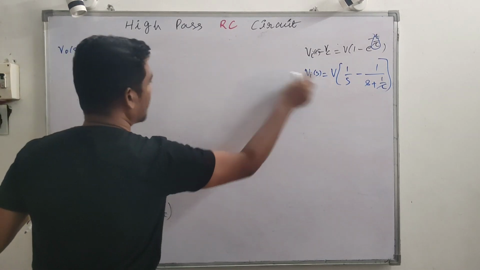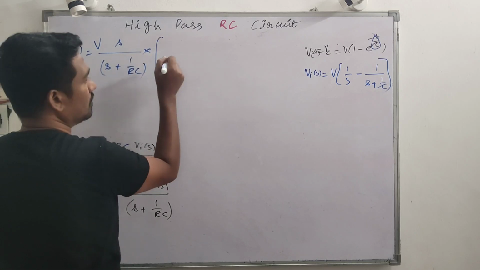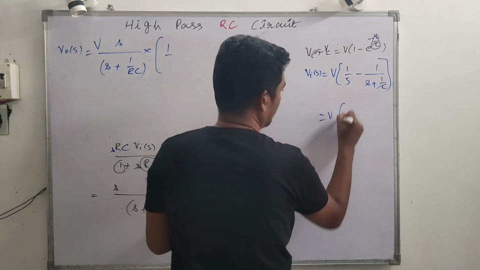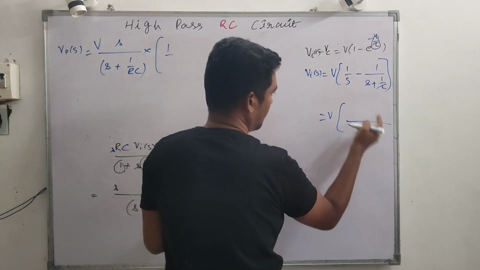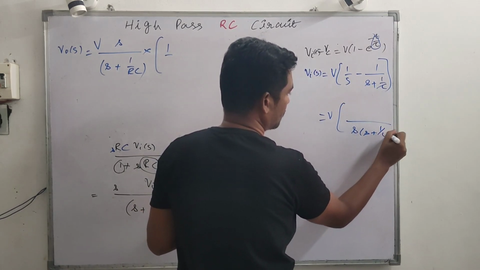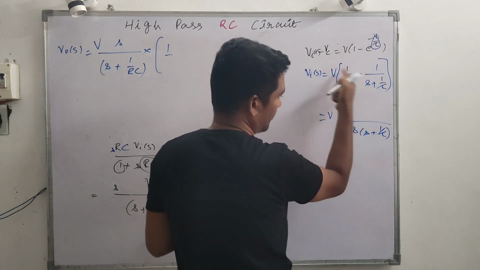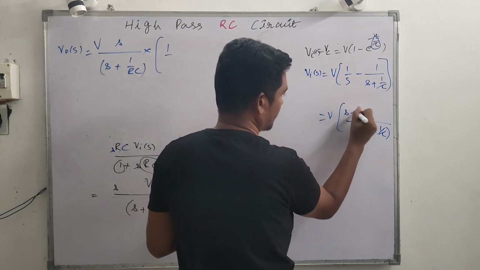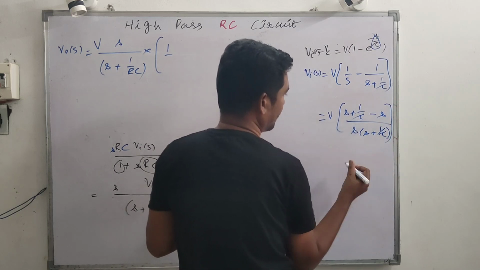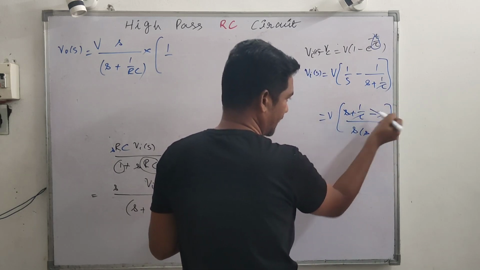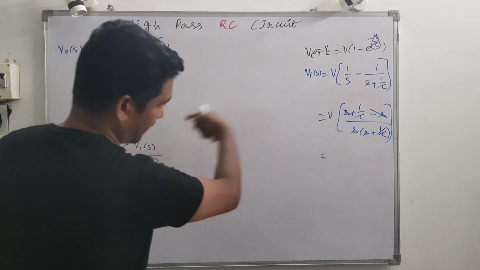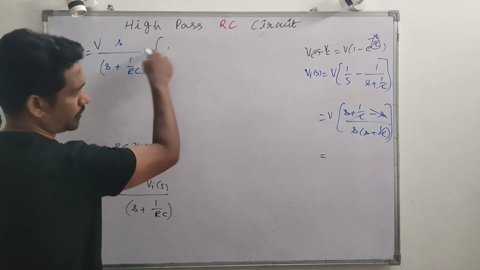This V also appears over here, into 1 upon... I'm sorry, let's simplify over here to avoid confusion. s into s plus 1 upon tau, and cross multiplying, we have s plus 1 upon tau minus s, and positive s and negative s get cancelled, so we will be left with only this one. So that can be reproduced over here.